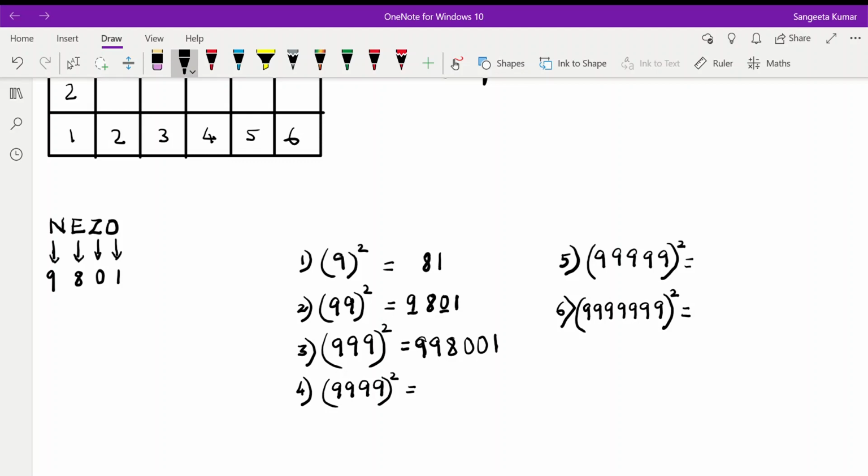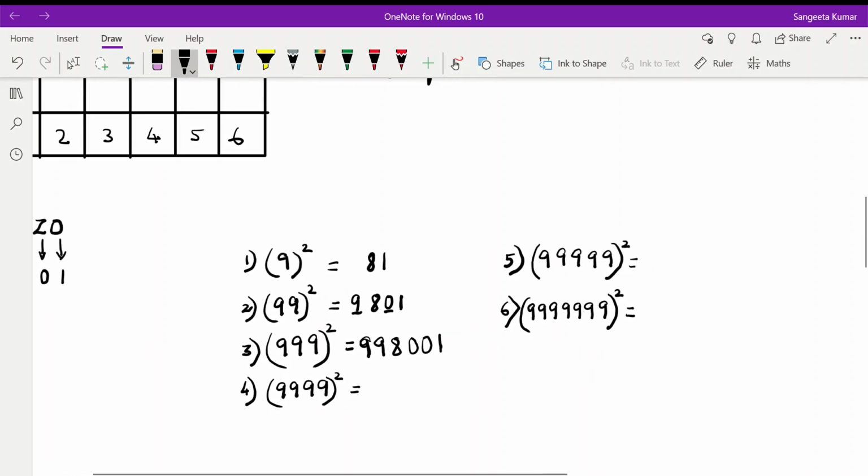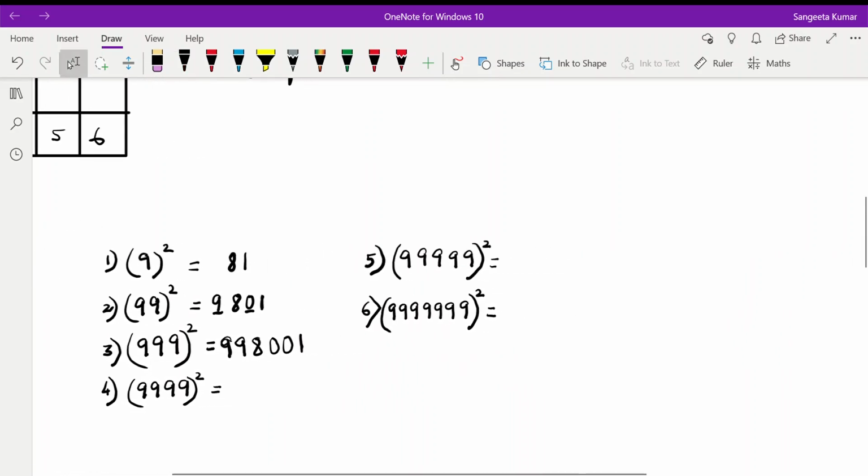So question number 4 and 5 is homework for you all, part B. The sixth one, I am going to count how many nines we have here. 1, 2, 3, 4, 5, 6, 7 nines are there. So the answer will have 6 nines. This will be followed by a single 8.